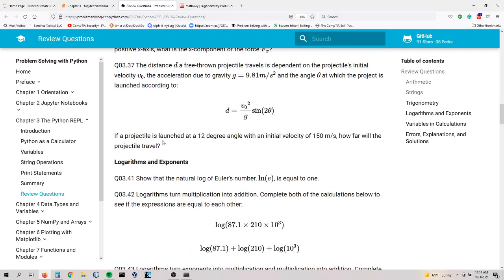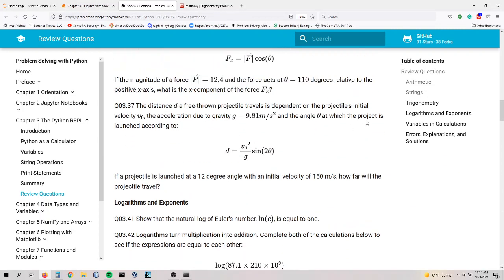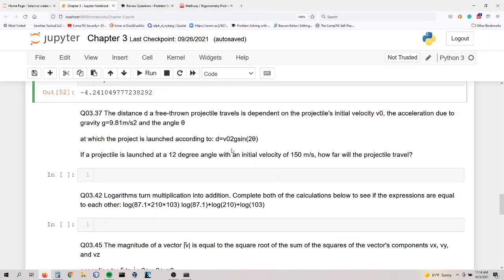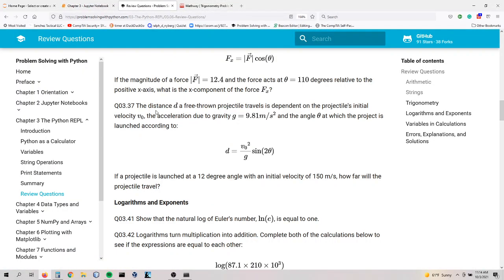Let me go find the actual problem. If the projectile is launched according to, okay, so I'm on the actual problem: d is equal to v_0 squared divided by g times sine of 2 theta.